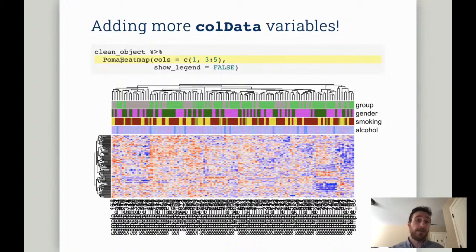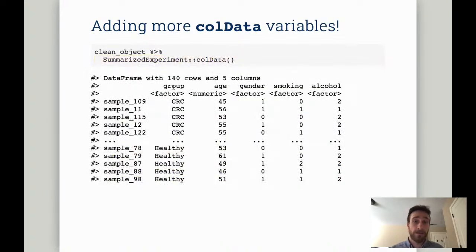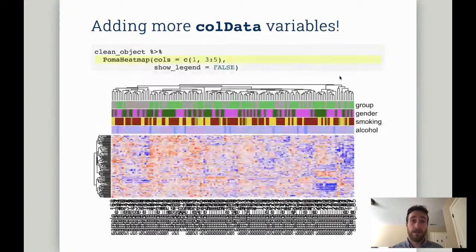You see, this is the same function, same input, but I'm telling this function, okay, cols. This is columns 1, 3, 4, 5. I'm telling this function to include columns 1 and 3 to 5. And here we can see the same heat map, but including the strip for any of our factorial variables of interest.